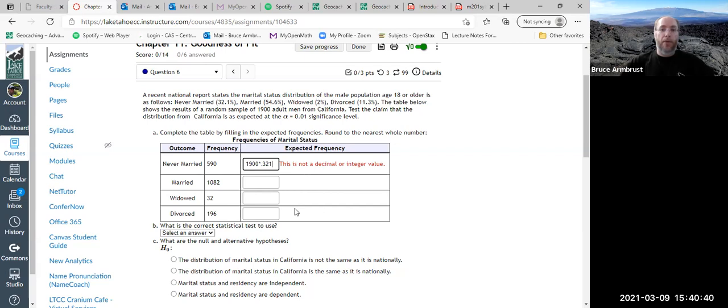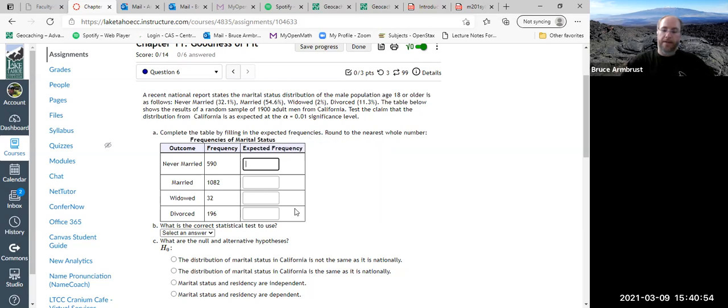And the 0.321 is the 32.1%. All right, so when I actually do that, my calculator tells me that that's 609.9. All right, so there's that guy.